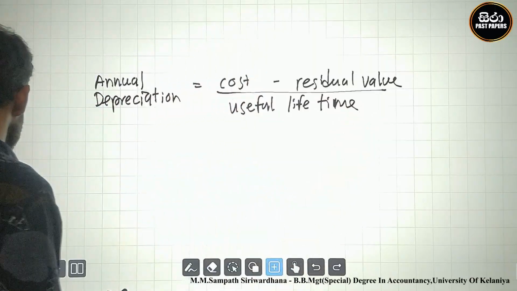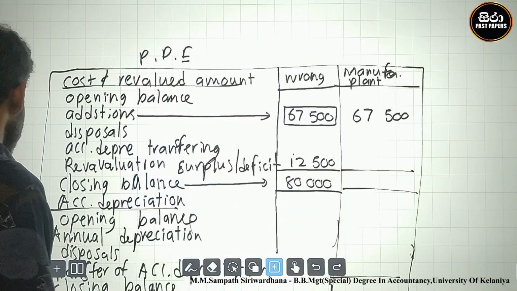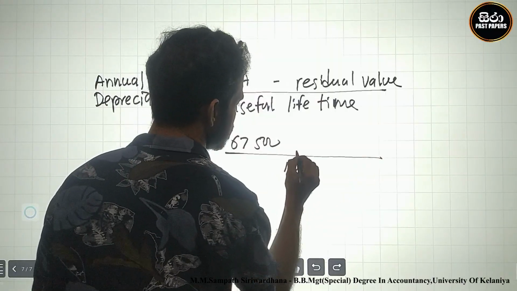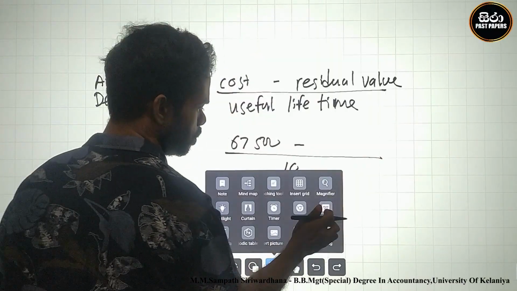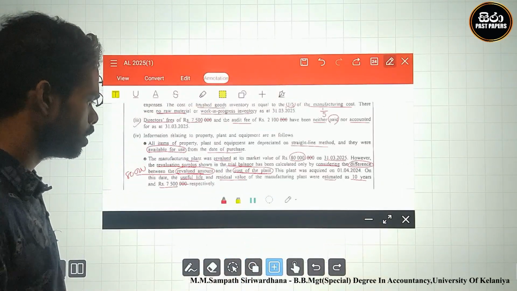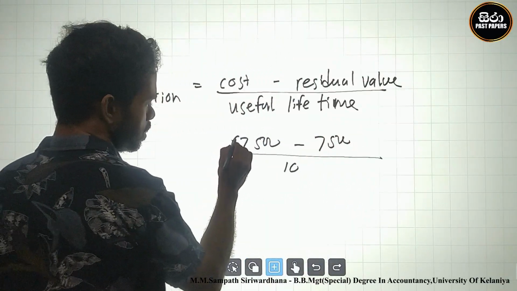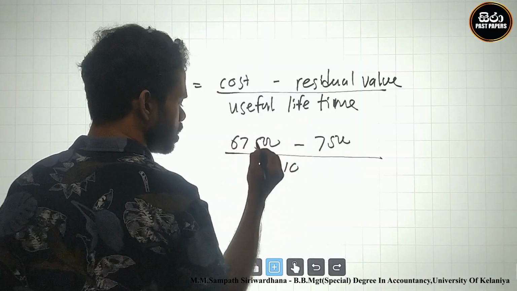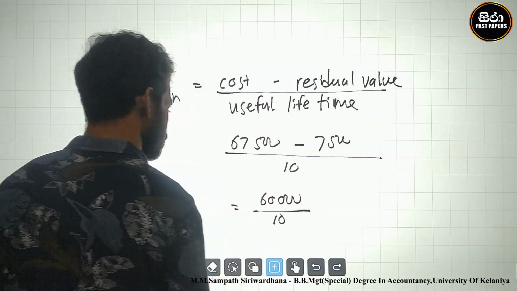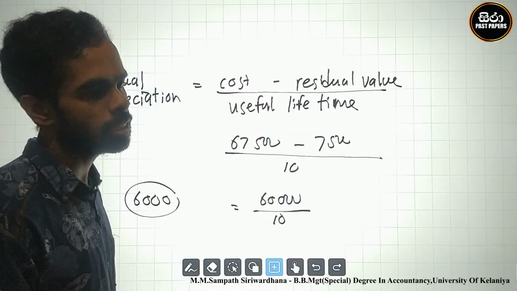What is the cost? Cost is already identified, 67,500, divided by 10 years. What is the residual value? The residual value was supplied, 7,500. What is the answer? 67,500 minus 7,500 is 60,000, divided by 10 is 6,000. 6,000 is the annual depreciation.